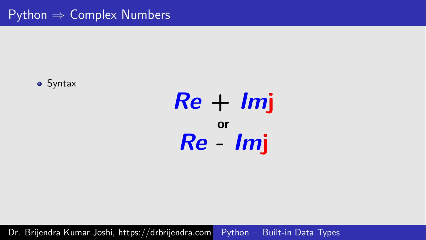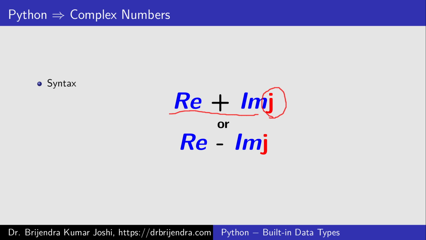Now the next one is interesting: complex numbers. The syntax is real part plus imaginary part, then j. Normally in mathematics, i is used to represent the imaginary part, or square root of minus 1. But in electrical engineering, the lowercase letter i represents current, alternating current.